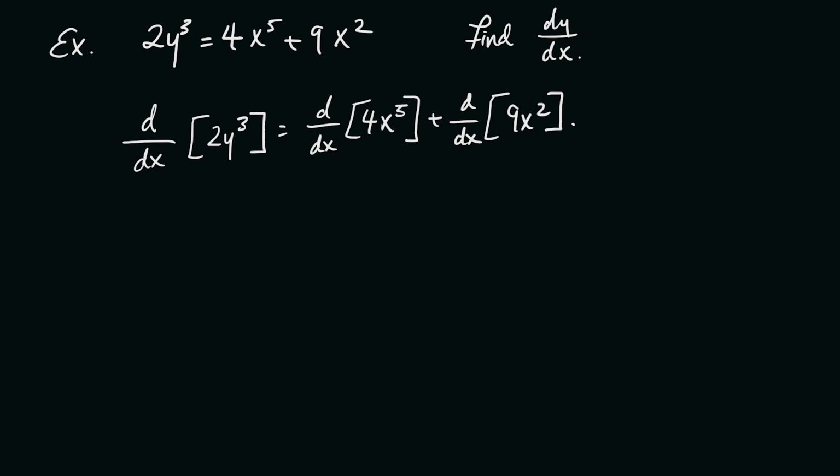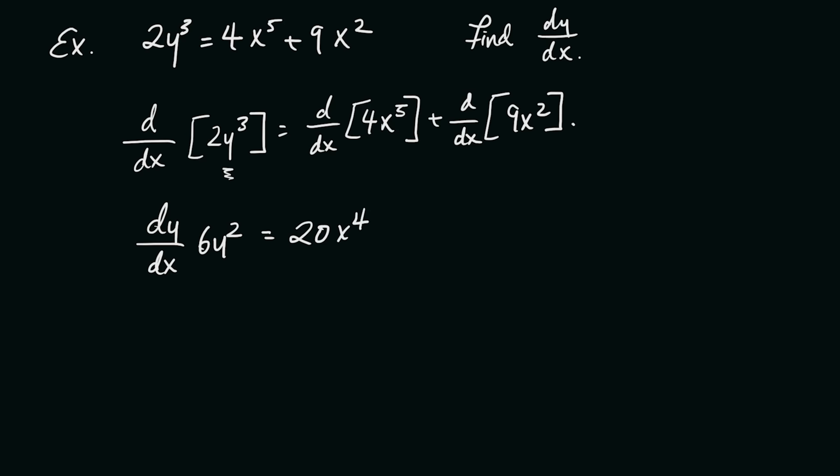So now we're taking a look here. Since we're going to take the derivative of y, we're going to have to set it to dy over dx, right? And now the derivative of 2y cubed is just 6y squared. So we're going to put the 6y squared next to it, equals the derivative of 4x to the fifth, which is just 20x to the fourth power.